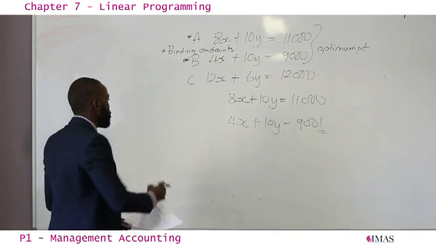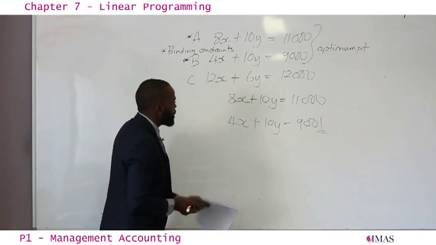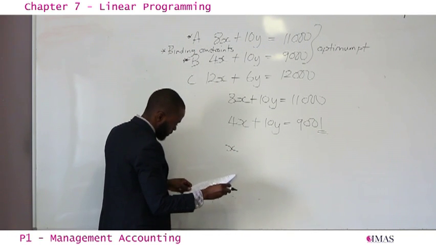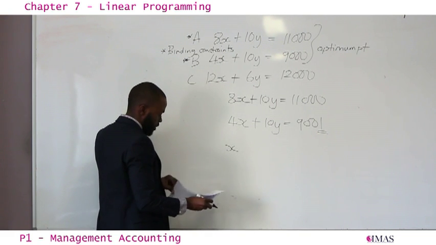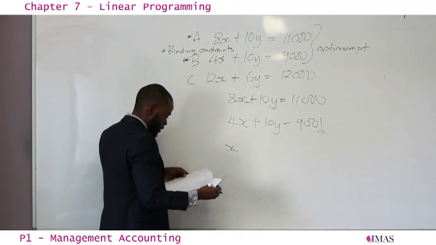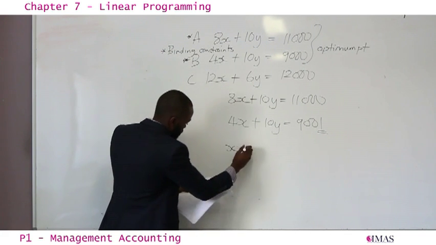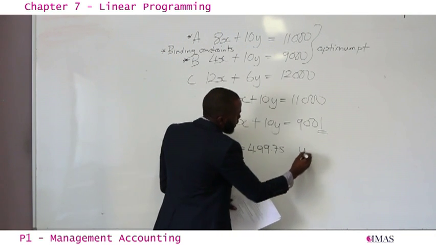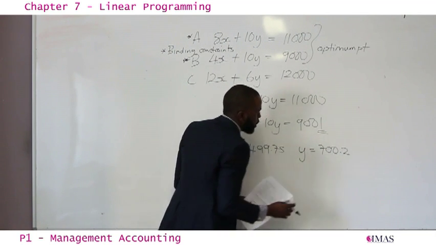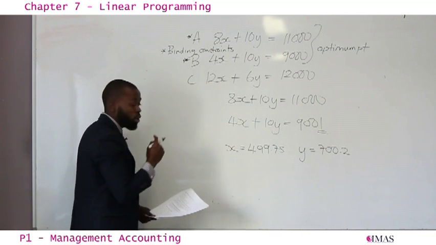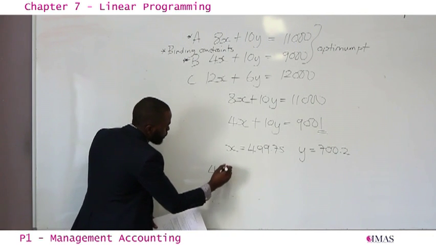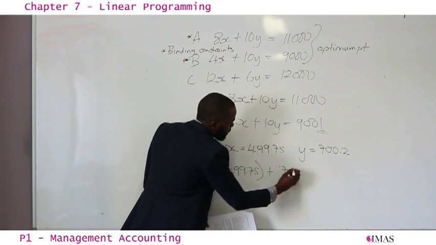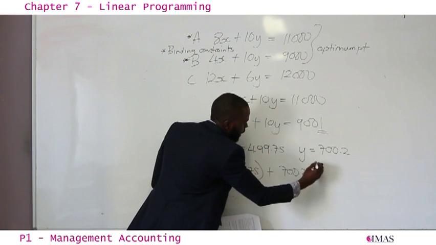If you stop the video and do the simultaneous equations, you get x equal to 499.75 and y equal to 700.2. Then we substitute this into our contribution line. Our contribution line is 4 times 499.75 plus 700.2 times 8.